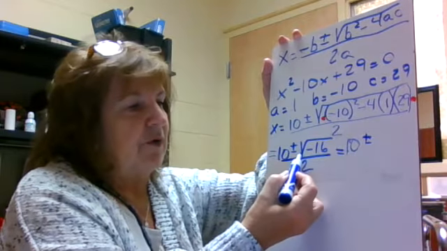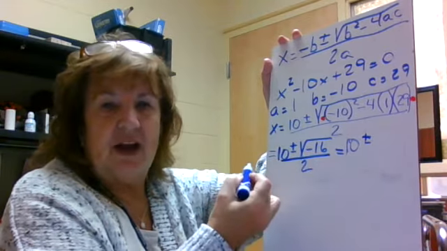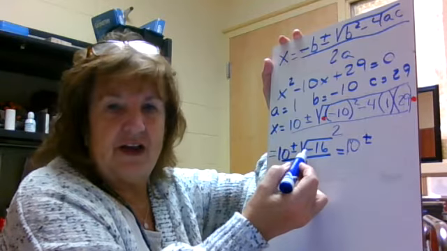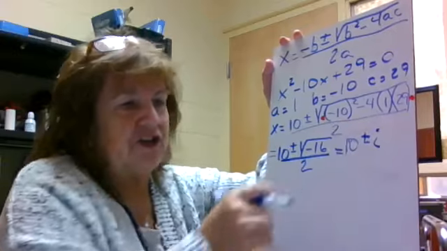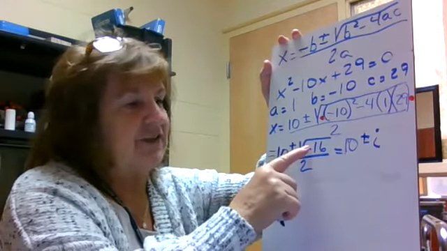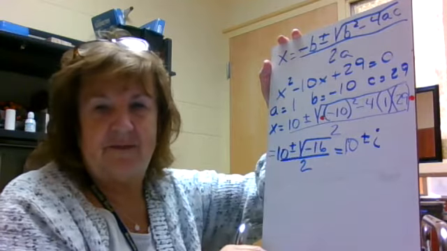The square root of negative 1 is what we call I. So we take that negative sign out of there and we move it in front of the radical and change it into an I. So now that negative sign is no longer there. All you have is a 16.